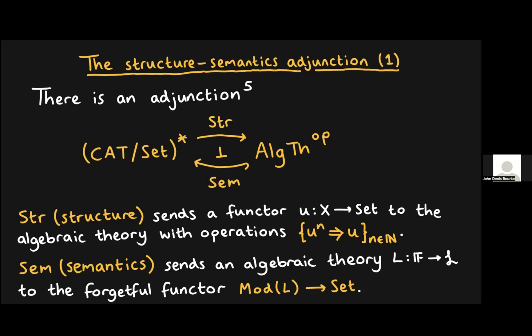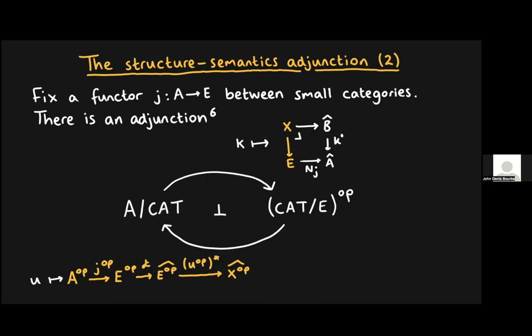And this turns out to be very useful. It comes up in lots of places when you're thinking about algebraic theories and monads. It's a very, very nice observation. What's even nicer is that a few years later, Linton provided quite a large generalization of the structure semantics adjunction, which I think has been essentially overlooked.